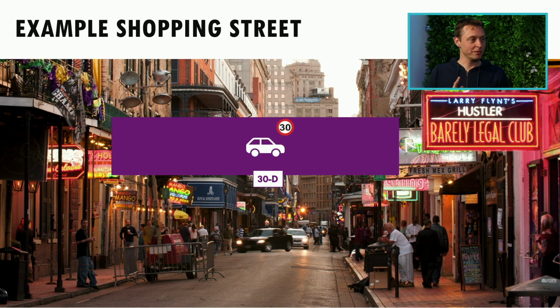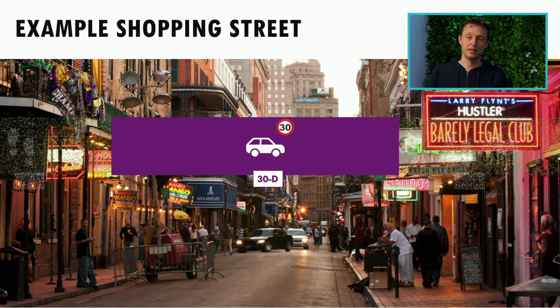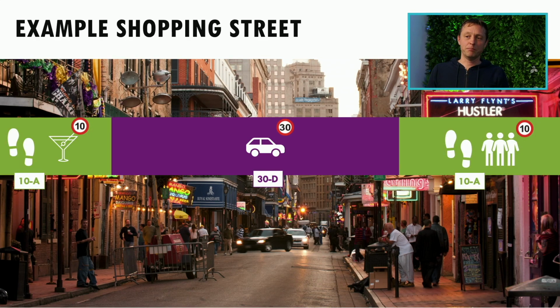So maybe in terms of speed, not that much of a problem, but in terms of space and atmosphere, you can see the sidewalks are very narrow. Maybe you want more space to accommodate those functions better. So we can make some changes and make it look like the street we saw before.